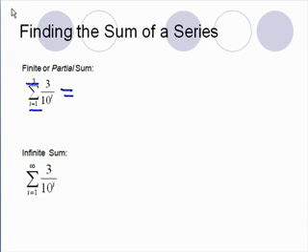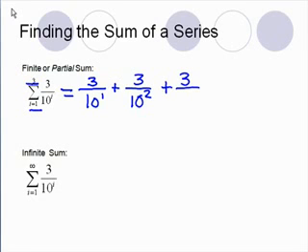So if we start substituting, we've got 3 over 10 to the 1 plus 3 over 10 squared. And my upper bound is 3, so 3 over 10 cubed.